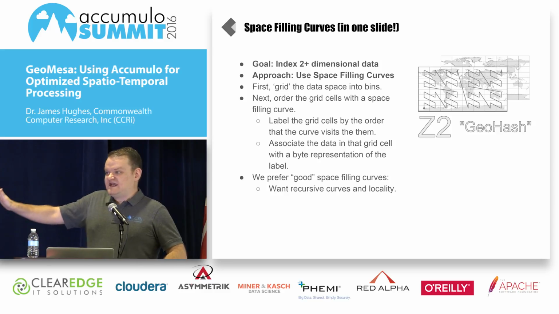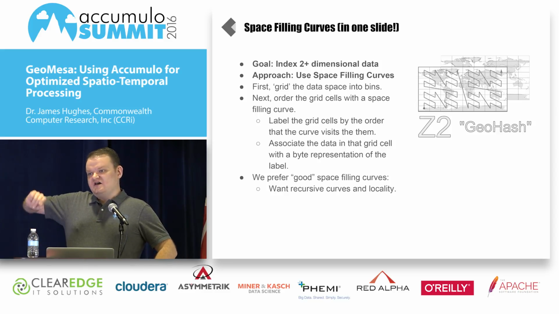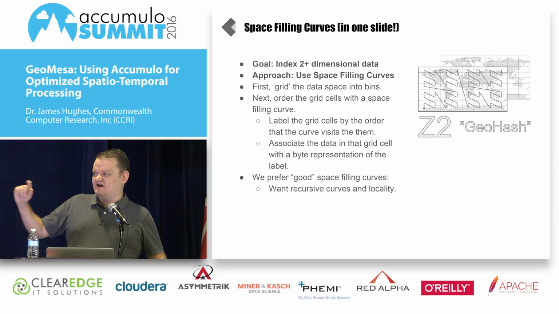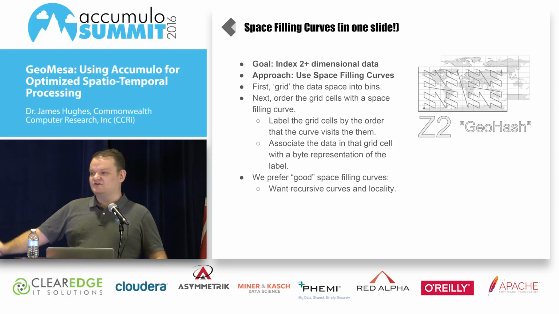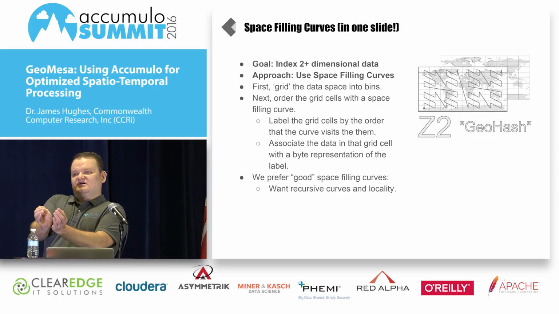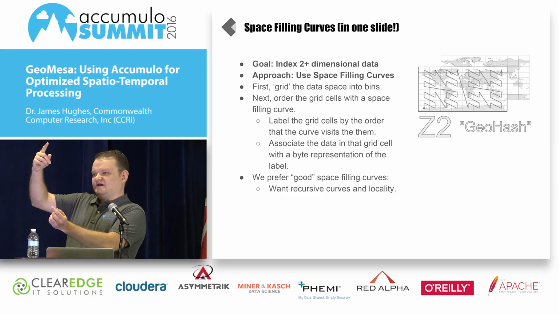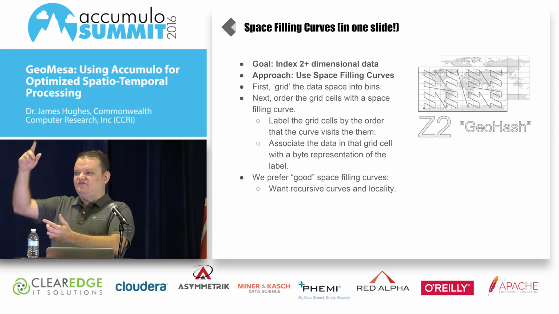Once we've gridded up our data, we're going to use one of these space-filling curves to indicate what order the cells are in. Once we've got that, we've got an index. We can start in the lower left corner, say everything that's in this 1/64th of the world is labeled with a 0. Move over one cell, it's a 1, and so on, 2, 3, 4.